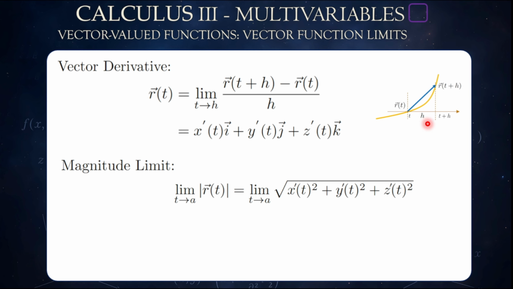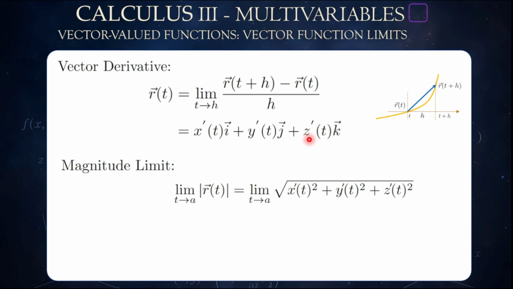The tangent alpha is equal to r of t plus h minus r of t divided by t plus h minus t, which is h, or rise over run. In other words, that's tan alpha. That's actually the tangent, which is equal, as we've seen before, to r prime of t, x prime of t i plus y prime of t j plus z prime of t k. So it is equal to the derivative of r of t on the three components, on the three axes.